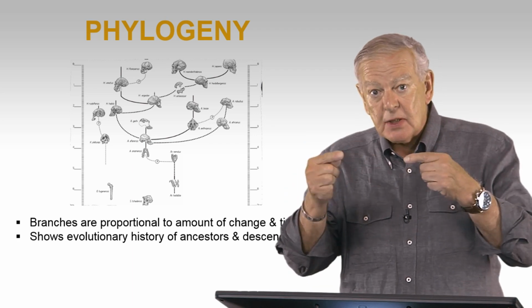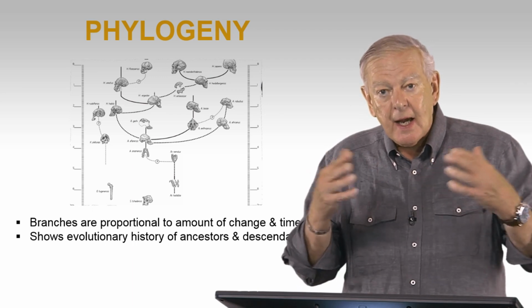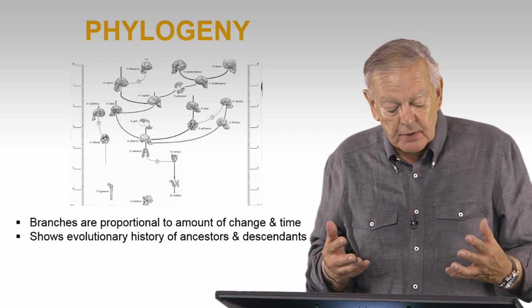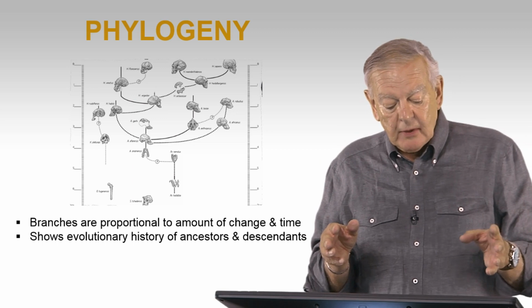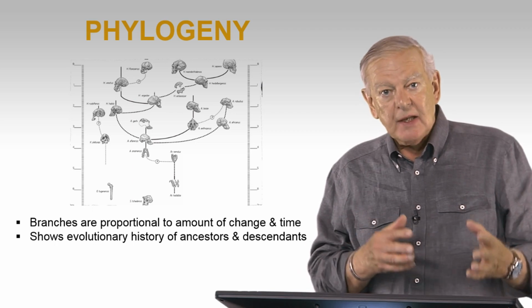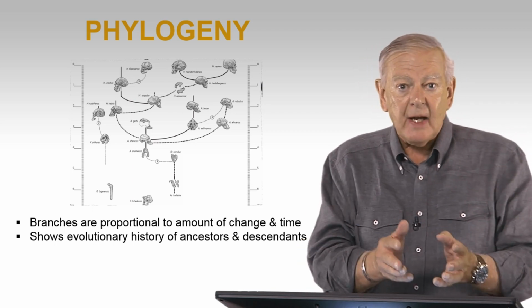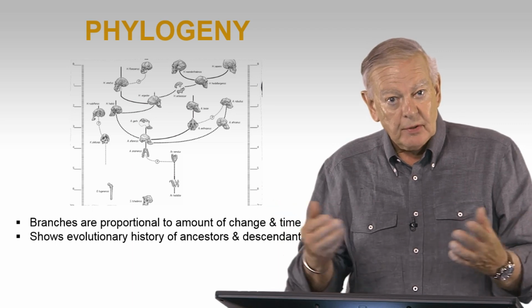So they tell you something about the amount of time and the amount of change between these various organisms, species in this case. And it also shows very clearly the evolutionary history of ancestors and descendants, and shows you which ones have gone extinct, which ones survived, and which ones were ancestors to certain descendants.